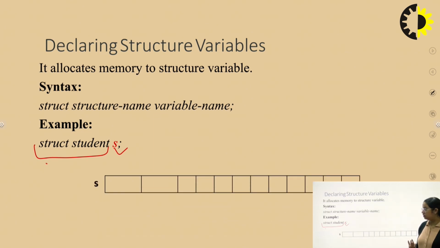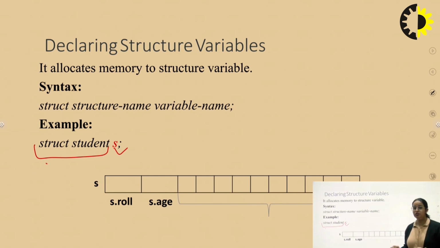Okay, so now next is how we initialize, or this is the representation of the structure variable in the memory. We are using 3 fields here, or we can say 3 members in a structure: roll number, age, and the third one is the name.